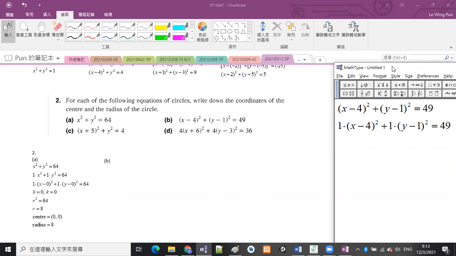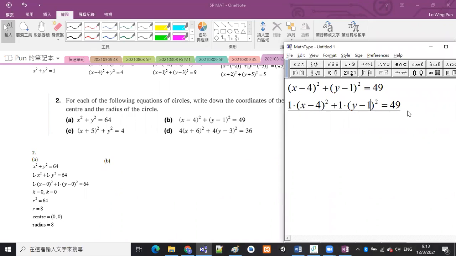So no need to change anything inside the bracket. So we can write down the h value and the k value directly. H value will be the x minus number, that is 4. And then the k value will be the y minus number, that is 1.